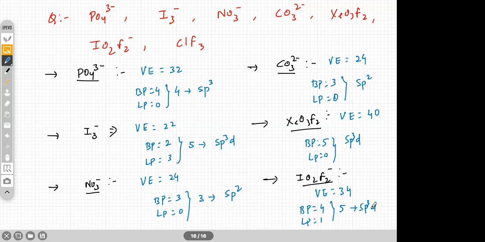Right. Trigonal bipyramidal, sp3d, and the shape is T shape. Yes. So this is for the inorganic molecule which is given. You can find out the valence electrons like this.